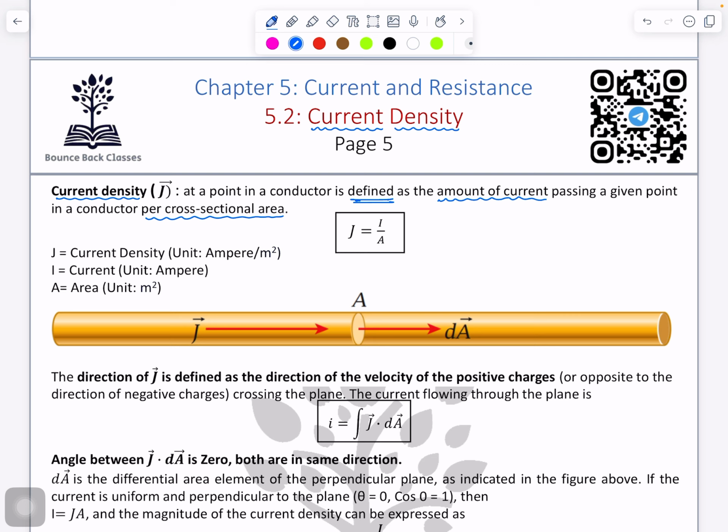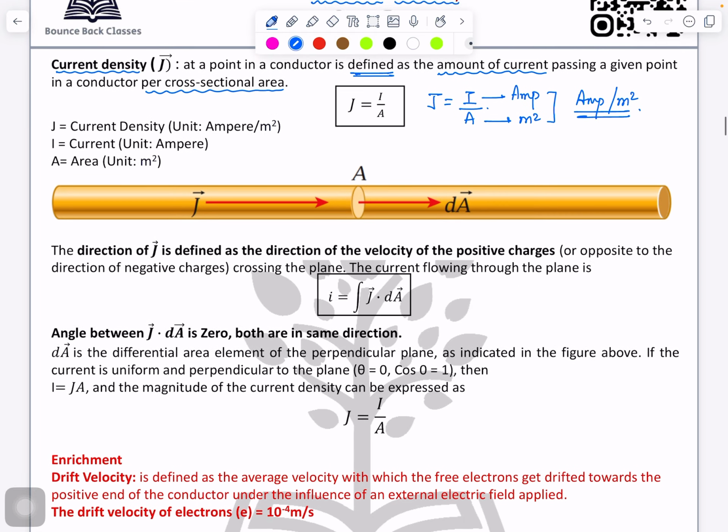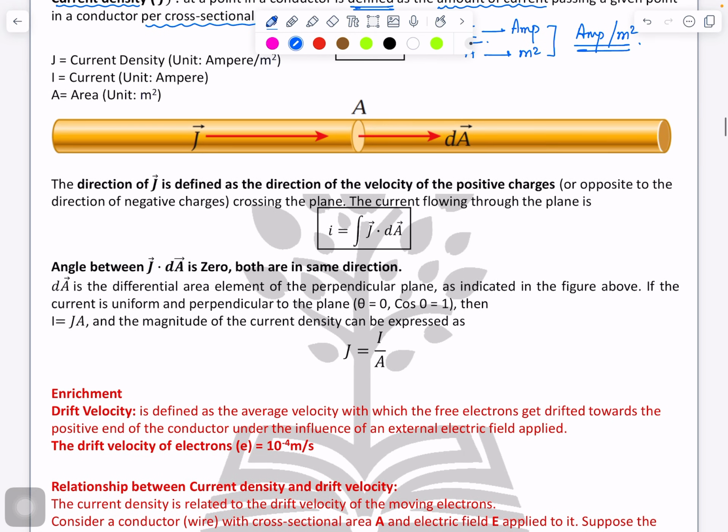So J is equal to I divided by A. Clear? Here I is in ampere, A is in meter square. So what is the unit you can say? Ampere divided by meter square. Fine guys?